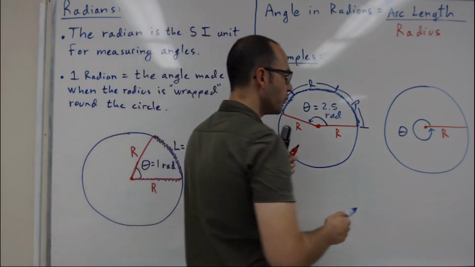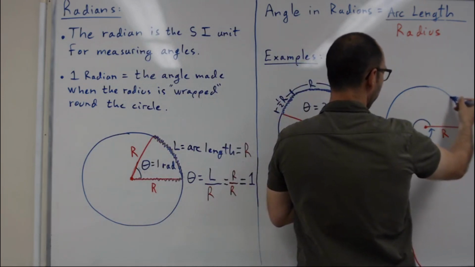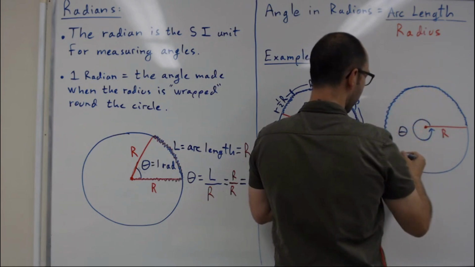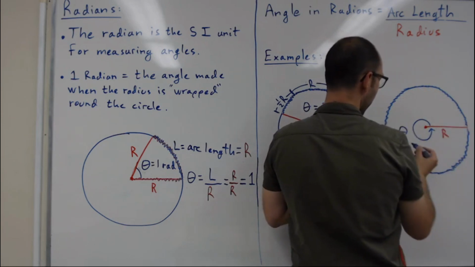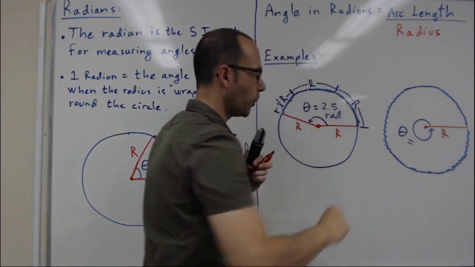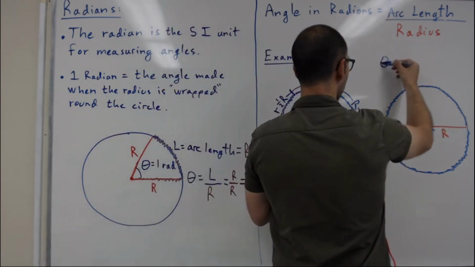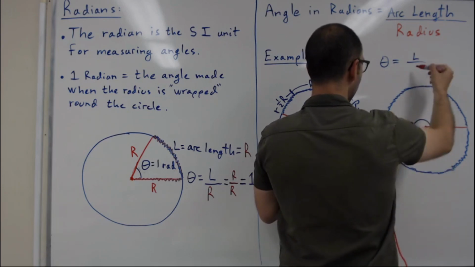And if you want to measure the angle for the full circle, for a full rotation like this, you have to use the definition, which is angle is equal to arc length over radius.